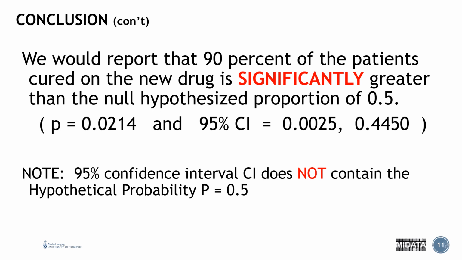Now, just as a note, which you'll see that we repeat many times in this course, the 95% confidence interval does not contain the hypothesized probability of 0.5.